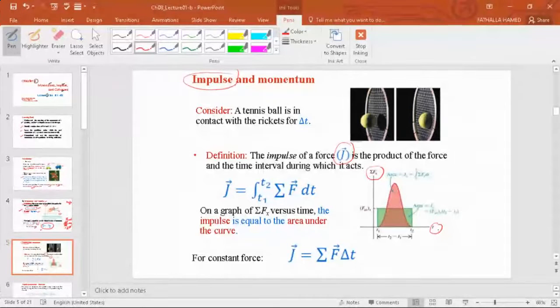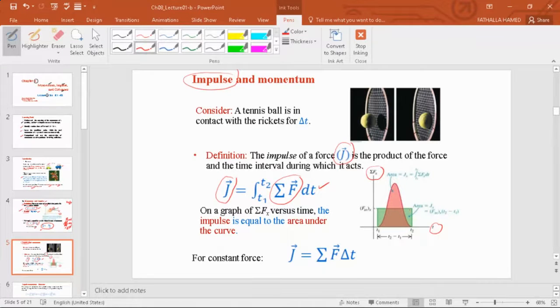If you get a curve like this, where on the x-axis you have t, and on the y-axis here you have force, it's the product of these two. It's like the area under this curve here. And if you want to get the area under this curve, you have to do it by integration. So J vector here will equal the integral from t1 to t2 of the summation of the force, dt.